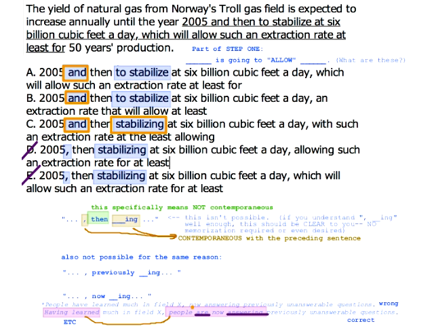Again, step one: what goes with stabilize? What is the first half of that? It's going to increase, and then it's going to stabilize.